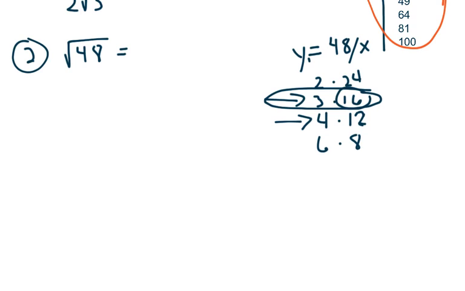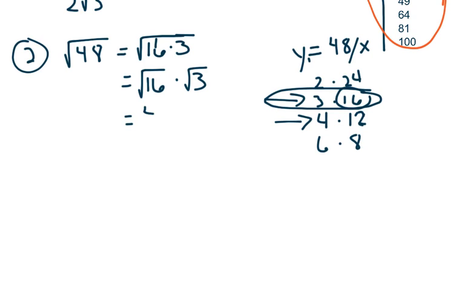So this breaks down into the square root of 16 times 3. I can break that apart as the square root of 16 times the square root of 3. The square root of 16 is 4, and 3 doesn't have a perfect square. So this is my simplified version.